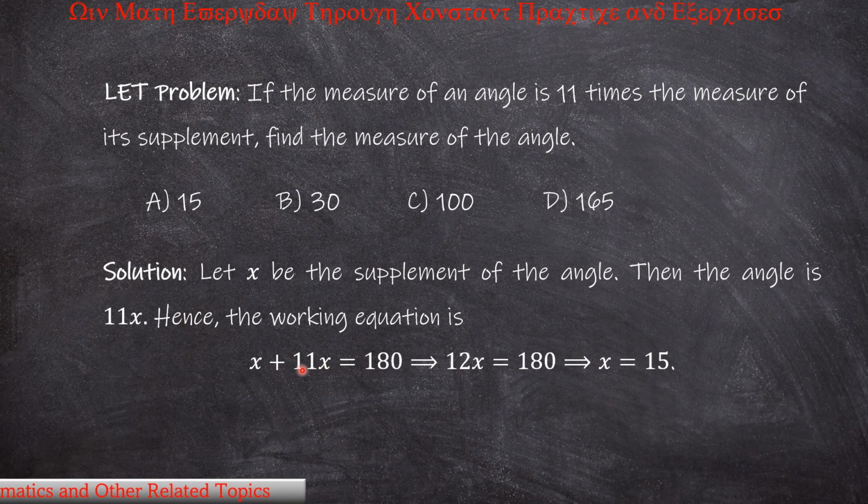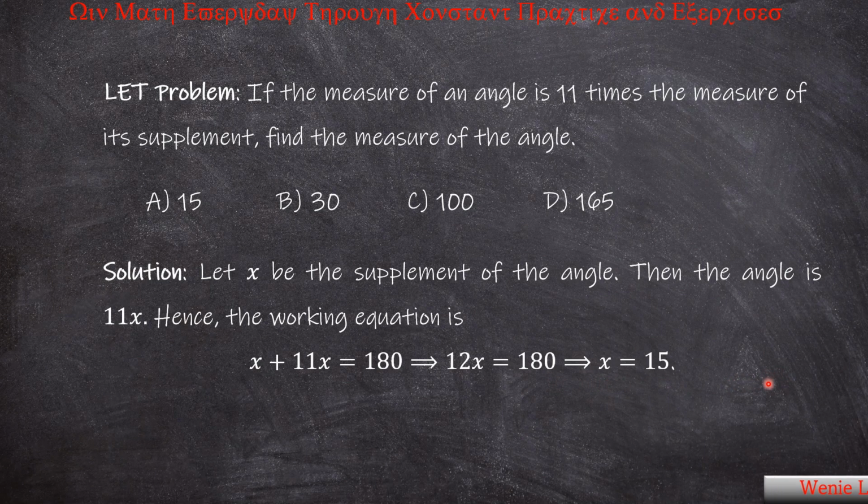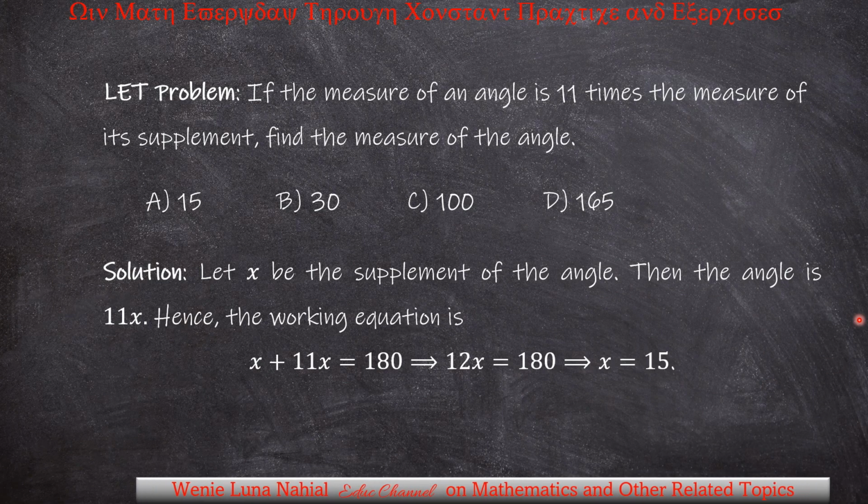So adding x plus 11x, we get 12x equals 180. Then dividing both sides by 12, x equals 15. This means that the smaller angle is 15 degrees.